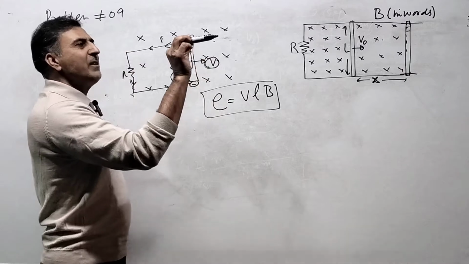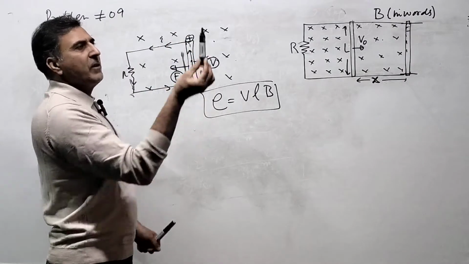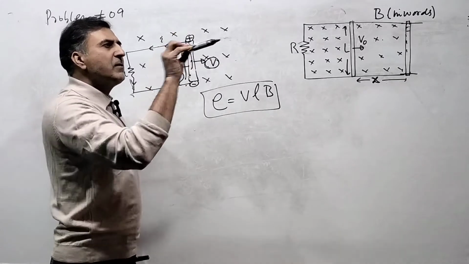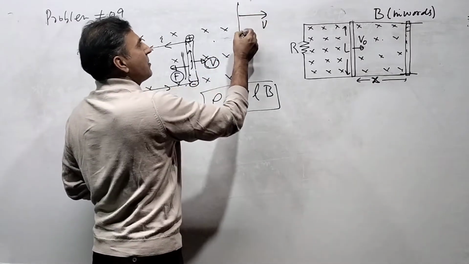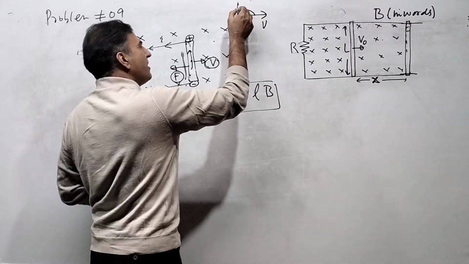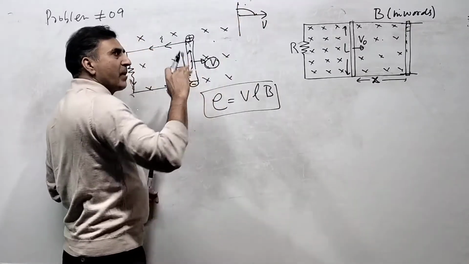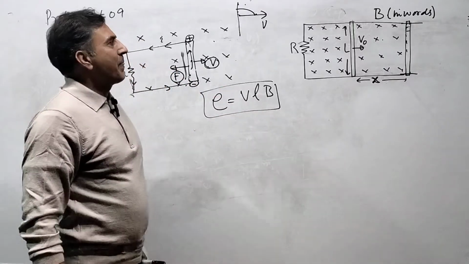Because here velocity, magnetic field and length are mutually perpendicular. This is velocity, this is rod, and magnetic field is inwards. Rod is also perpendicular to magnetic field. Velocity is also perpendicular to magnetic field. And under those conditions, the induced EMF is VLB.